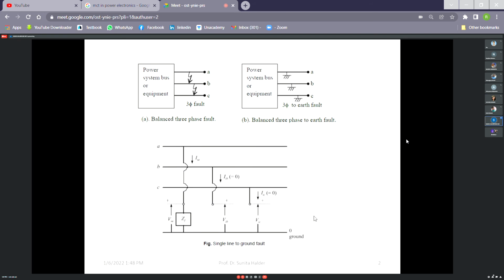But the Ferranti effect is rare because every time attention is given that load should be connected. Because if load is not there, then the economy of the system will be disturbed. But when load is there, then there is a lesser chance of high voltage. But high voltage still may arise because, due to some accident, if a conductor gets open, that is called an open conductor fault. So if there is a voltage rise, then there will be a threat to insulation.